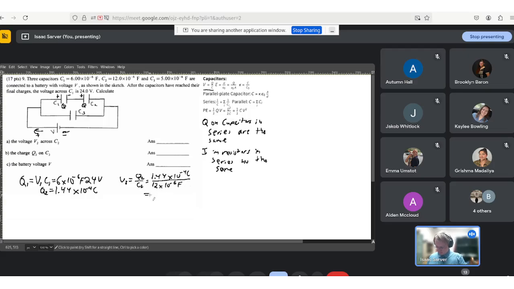And so that'll be divided by 12e minus 6. So that's 12 volts. 12 volts. All right.